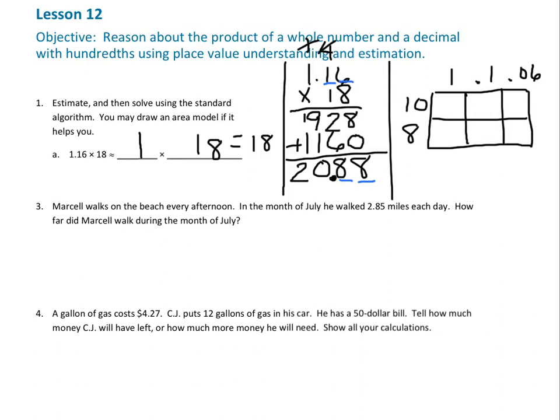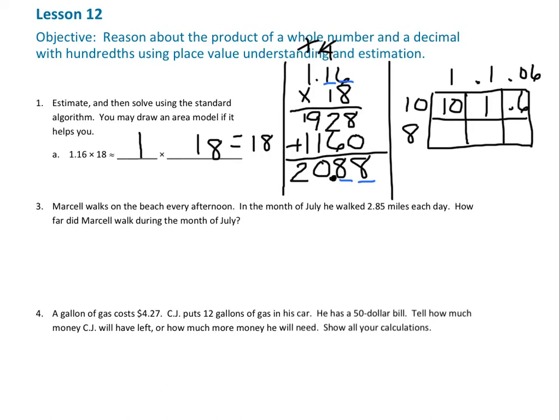Now what you do is you multiply. Let's start with the 10. You'll multiply the 10 by each of the numbers above. So, 10 times 1 is 10. 10 times 1 tenth is 1. And 10 times 6 hundredths would be 6 tenths.